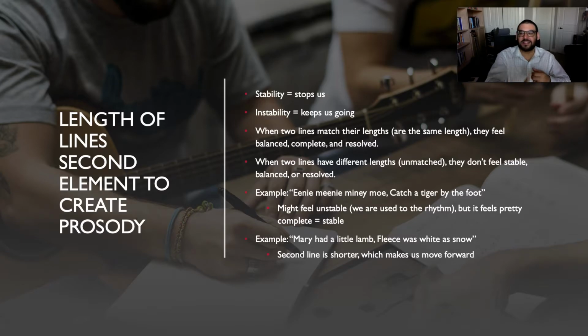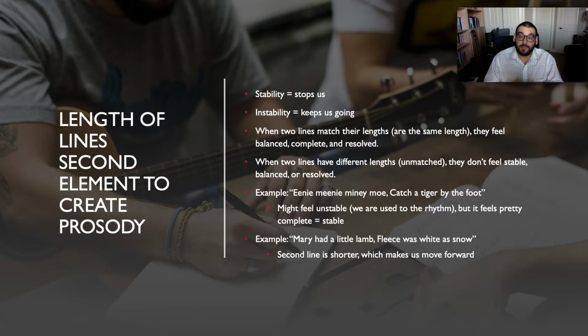It wants us to keep going because remember, line 1 matches with line 2, but then line 3 is thrown in there and it's just hanging out, waiting to be finished. And it keeps us going. It creates that instability. So if you think of it this way, even number of lines is stable. Odd number of lines is unstable.